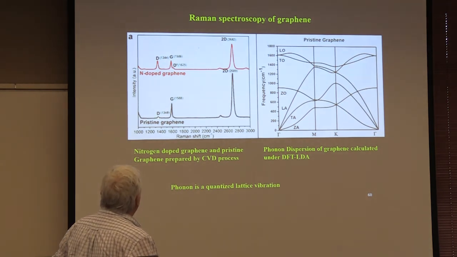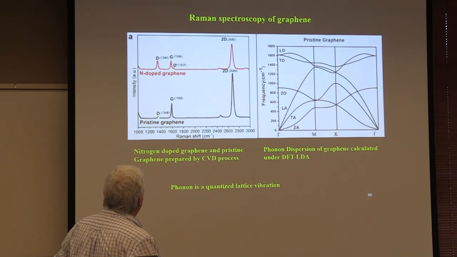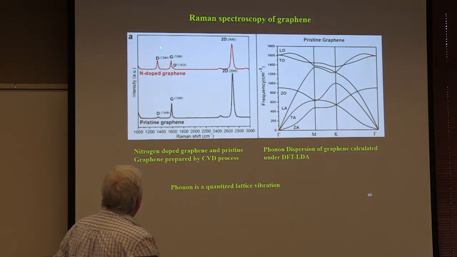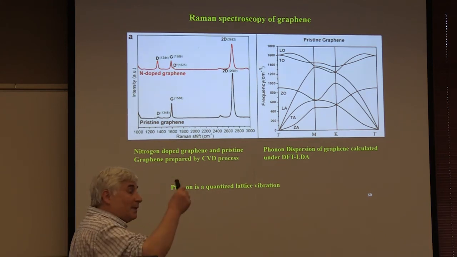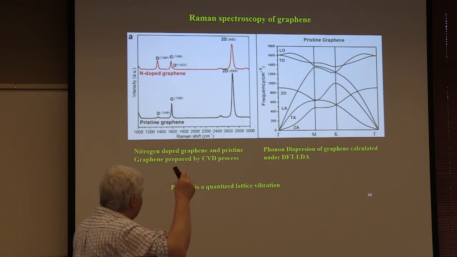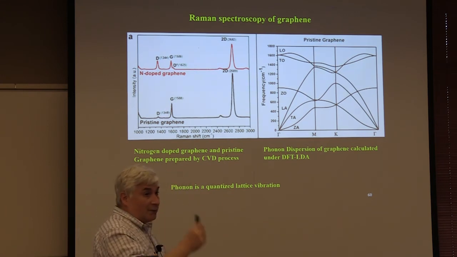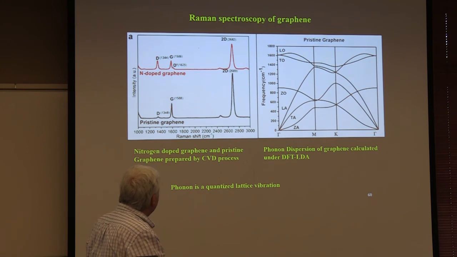If you look, the one that is doped has a D band, this is called D band, with a higher peak. G, this is called G band, you have a G band, and also you have a D prime band. In this one that is doped, doped means that it's substitutionally doped. Some nitrogen atoms are substituting carbon atoms, and then you have these 2D.